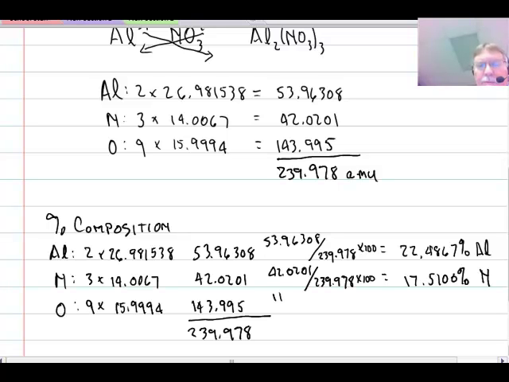And then 143.995 over 239.978 times 100 gives me 60.0033, and yeah, we're good on sig figs there. 6 sig figs in all of those.